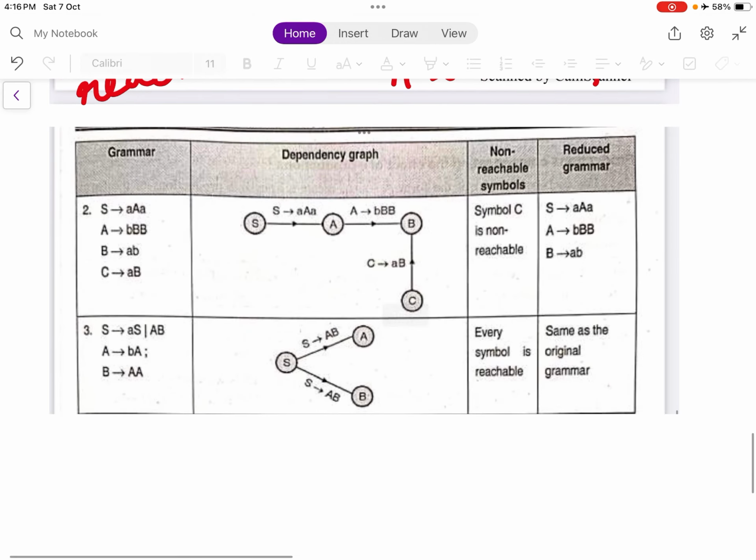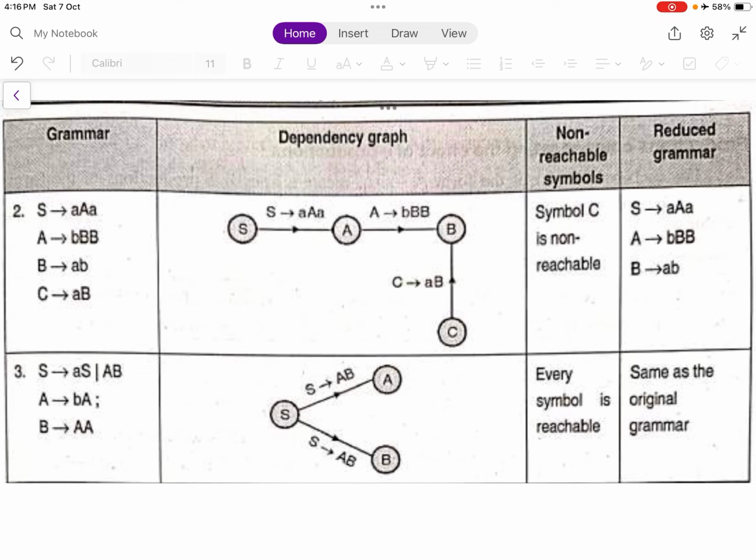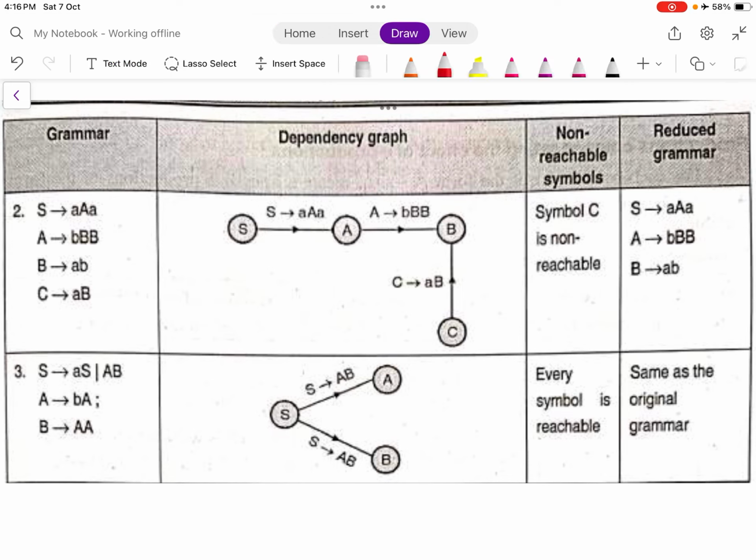The next example is S gives A, A gives B, B gives AB, C gives AB. So from S you can reach A. So S gives A, A gives B, and C gives AB.